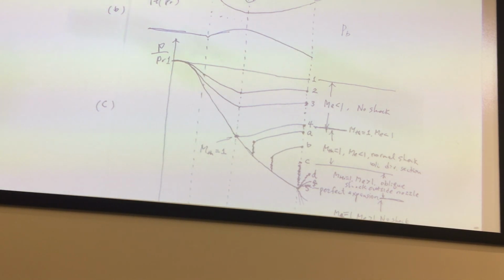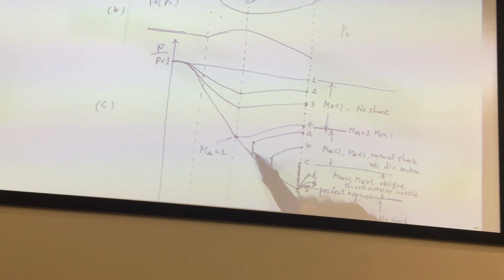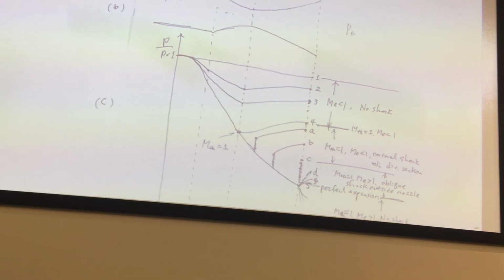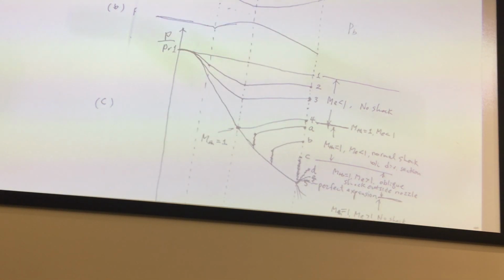It will continue to accelerate. But if your pressure is low but not too low, then the flow eventually has to adjust to your back pressure through a shock wave. That will be a condition like A, B, or C. And if it's low, sufficiently low but not sufficiently low compared to 5, then you will have a big shock wave outside the nozzle. So you have this flow regime, 1, 2, 3, 4. Make sense?